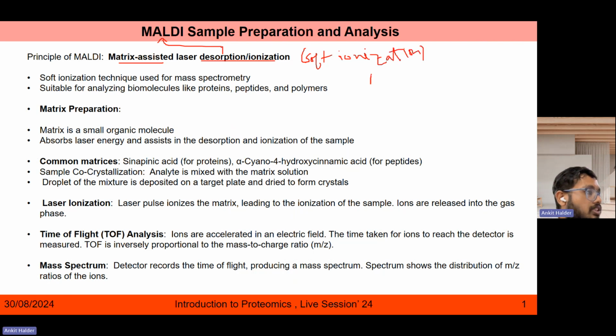The ionization procedure generally used in mass spectrometry was the hard ionization technique.